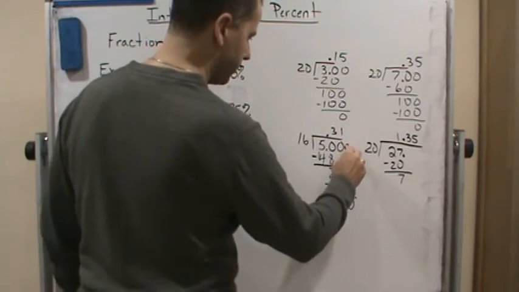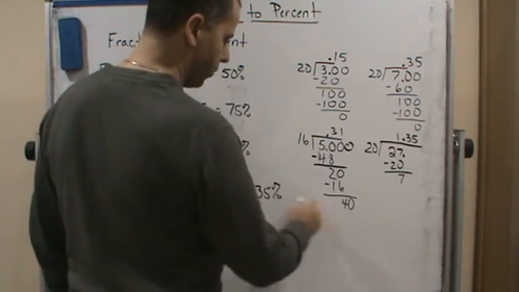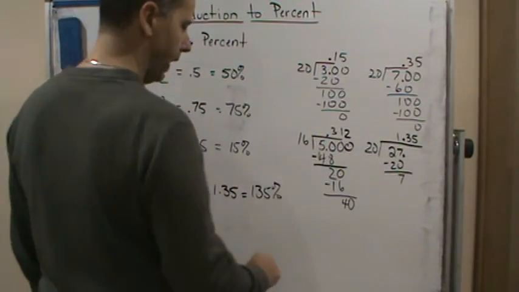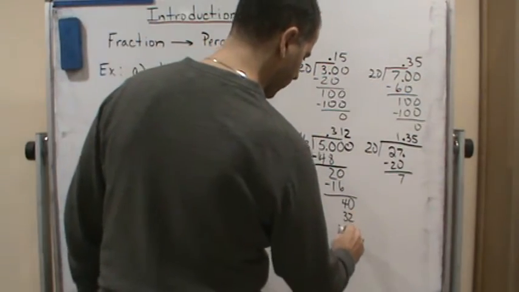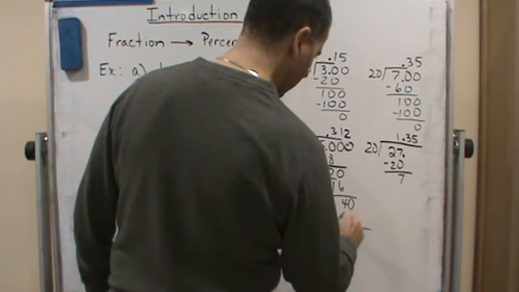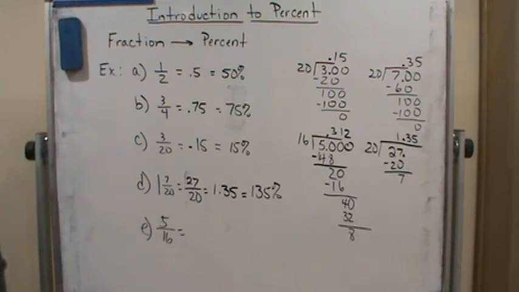So I drop down another 0. 16 goes into 40 twice, and so this is 32, and this gives me 8. Then I drop down another 0, and I keep going.